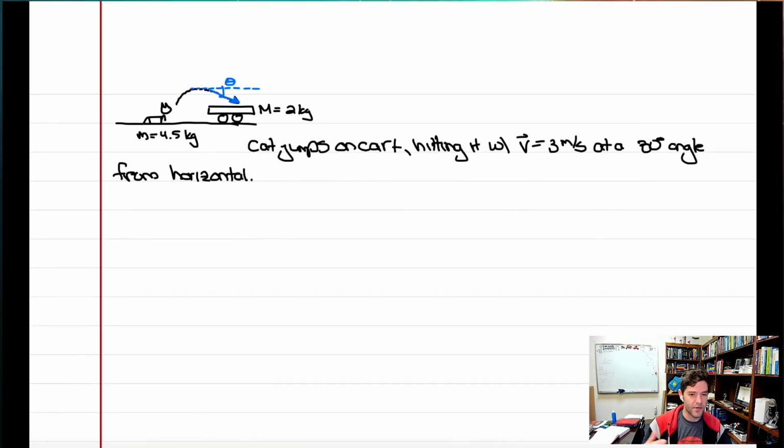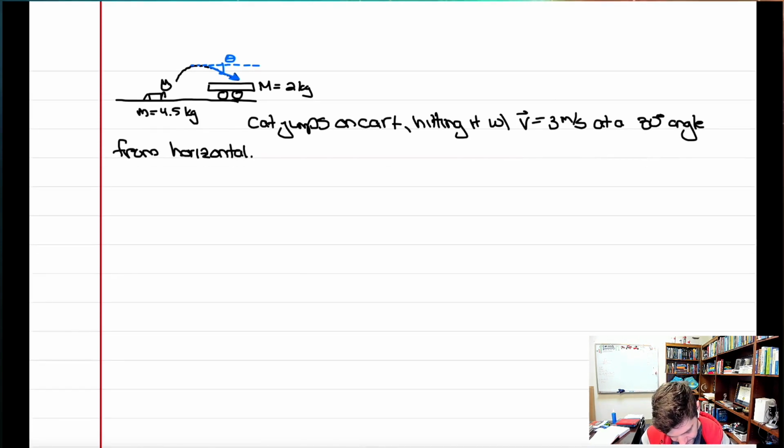But then I need to know exactly what that force is. What does that force function look like as a function of time as the cat comes in contact with the cart? I don't know. It'd be very hard to write down. It wouldn't be analytical for sure. I could instead, however, use momentum to analyze the situation.